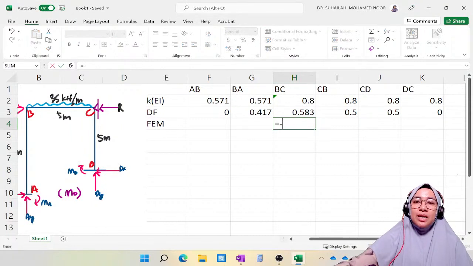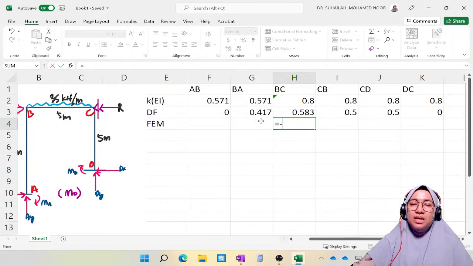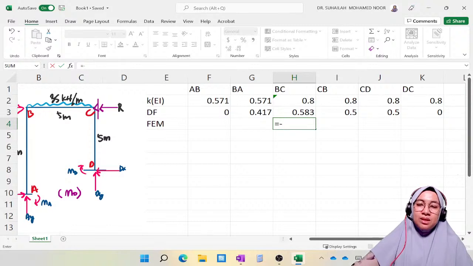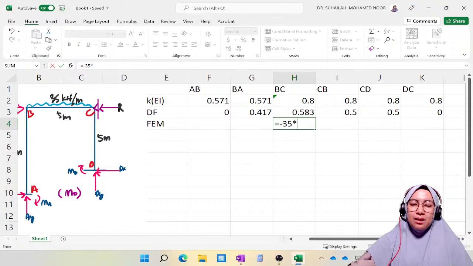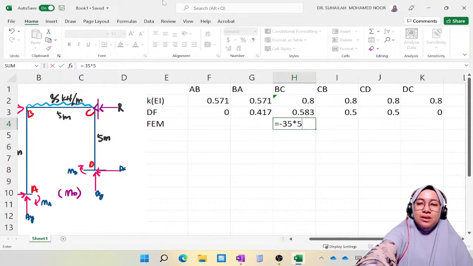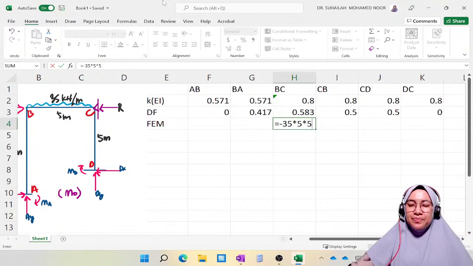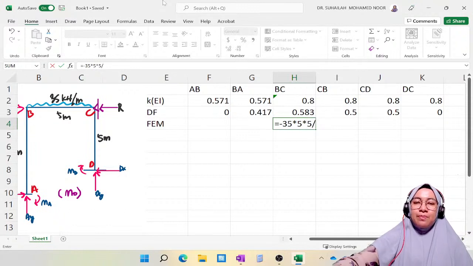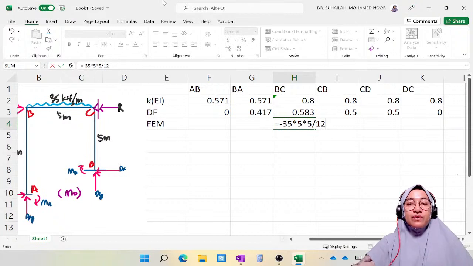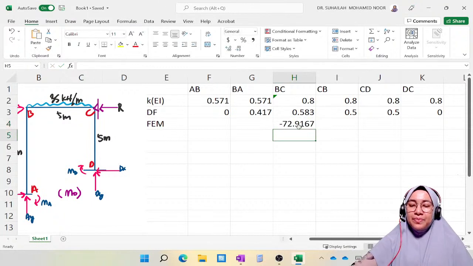So we have to calculate the value. It is the negative value first. W is 35 times L is 5 times another L, squared, divided by 12. WL squared over 12. So we get the answer as negative 72.917.